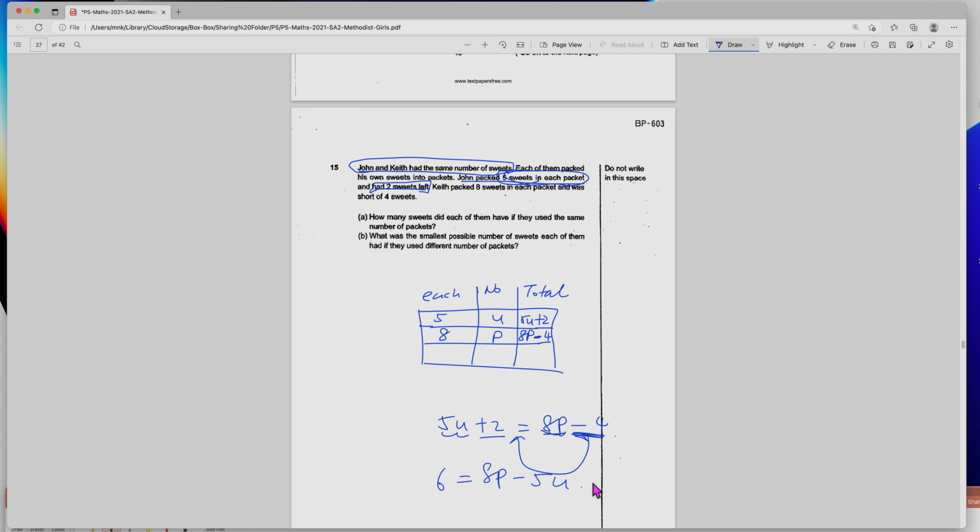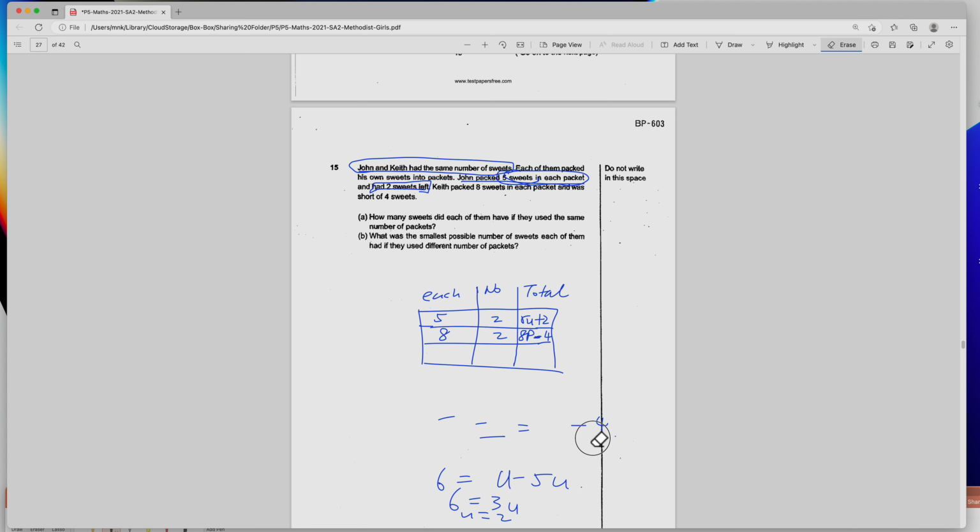So let's say the number of packets has to be the same. Then 3U is equal to 6, so U is equal to 2, so it's 2 packets.